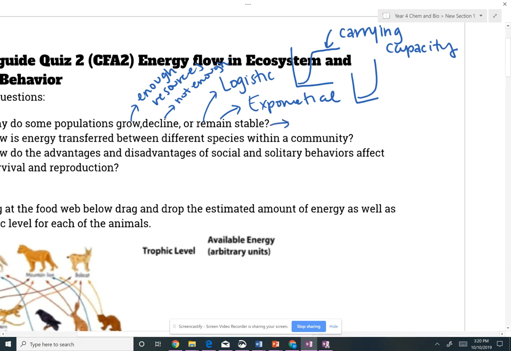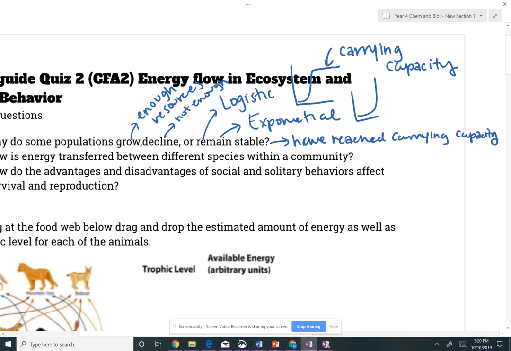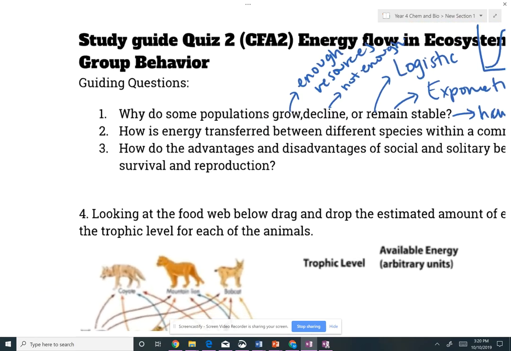If we are stable, it means that we have reached carrying capacity, and because we reach carrying capacity, we are stable with our environment. That causes the population to level out. So that is our first thing.